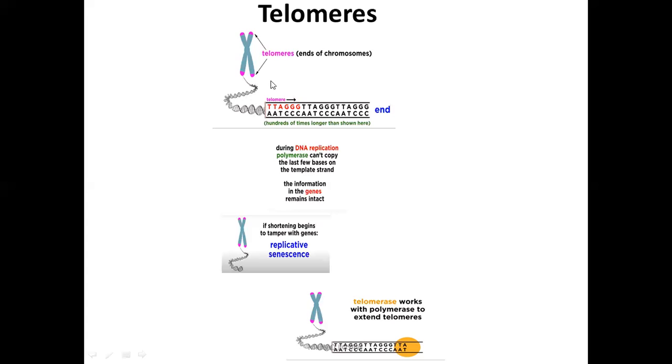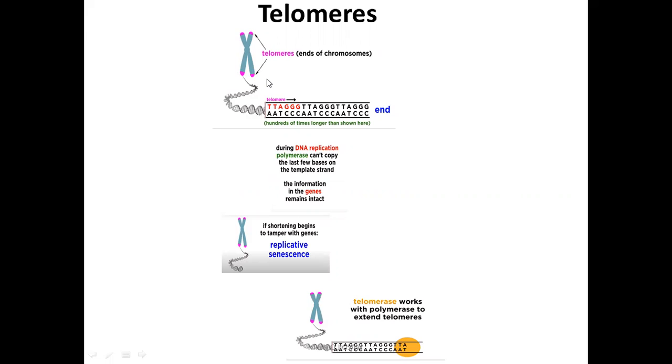So we're going to look at the function of the telomere, which includes protecting the chromosome from damage. Each time the cell divides, the telomere is going to shorten. As the process of cell division continues, the telomeres continue to shorten, so there's progressive shortening of the telomeres.